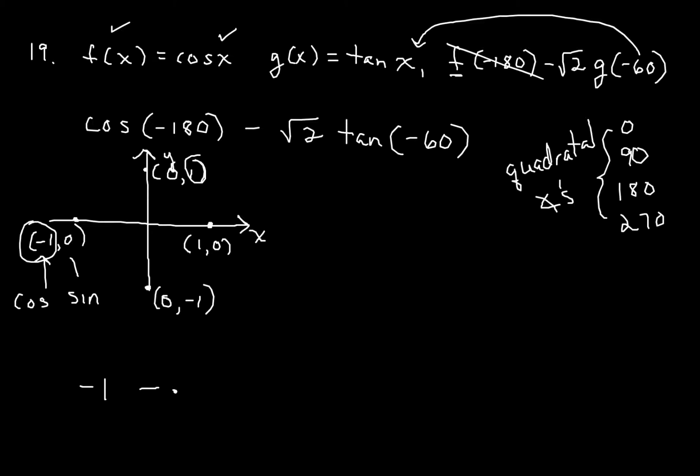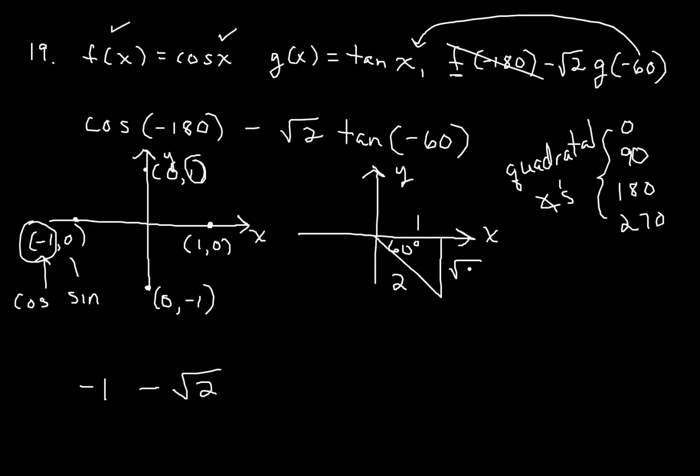Minus square root of 2, and we're going to do the tangent of negative 60. So we do our little graph, and we do negative 60, which would be down here, right? 60 degrees. Do the sides. So we have 1, 2, square root of 3.